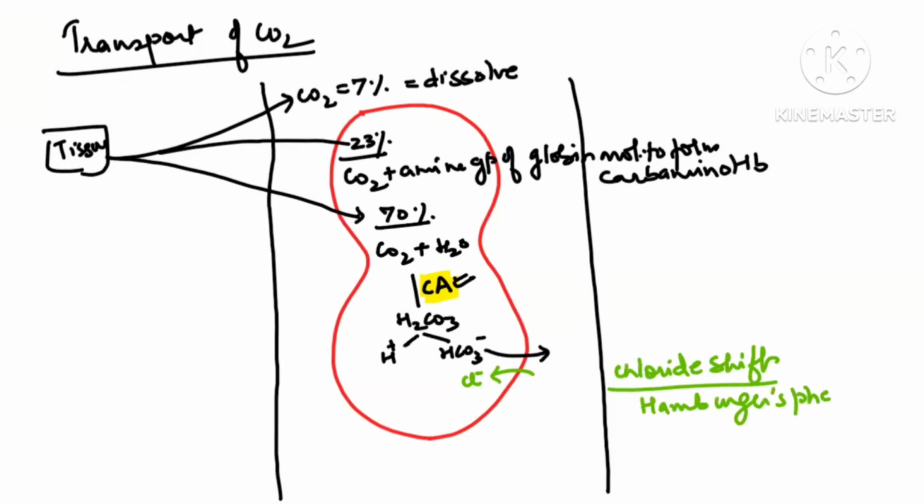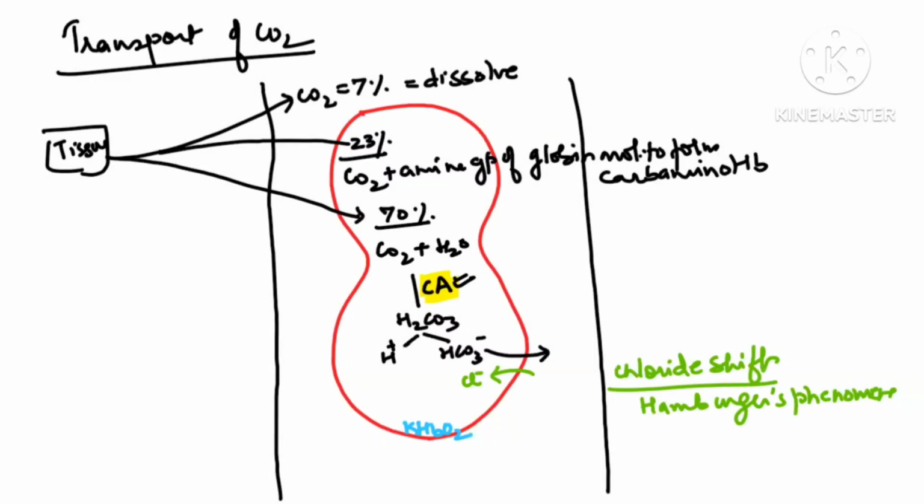In the RBC, hemoglobin is combining with oxygen, and oxyhemoglobin is formed in this format. Now, when the partial pressure of oxygen is low, it means the partial pressure of carbon dioxide is high. That time what happened? Dissociation will be there.